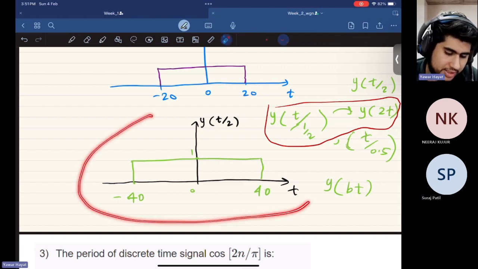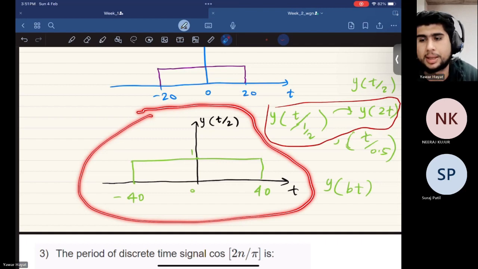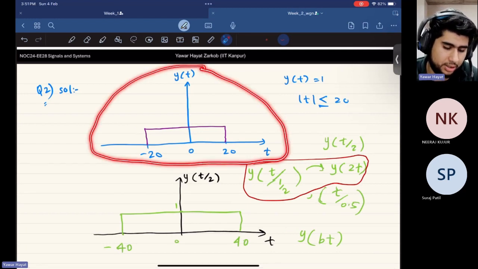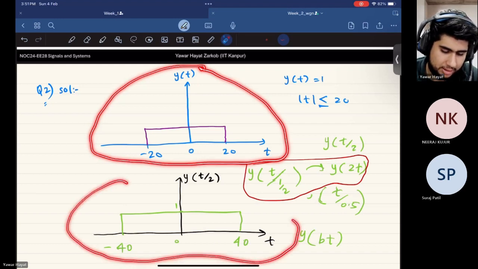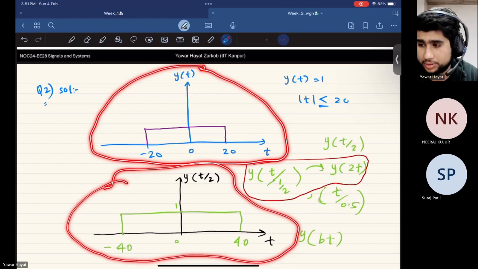Is this an expansion operation first? If our original signal was this, now this question is to everyone. This was our earlier signal, and this is the signal like y of t by 2.